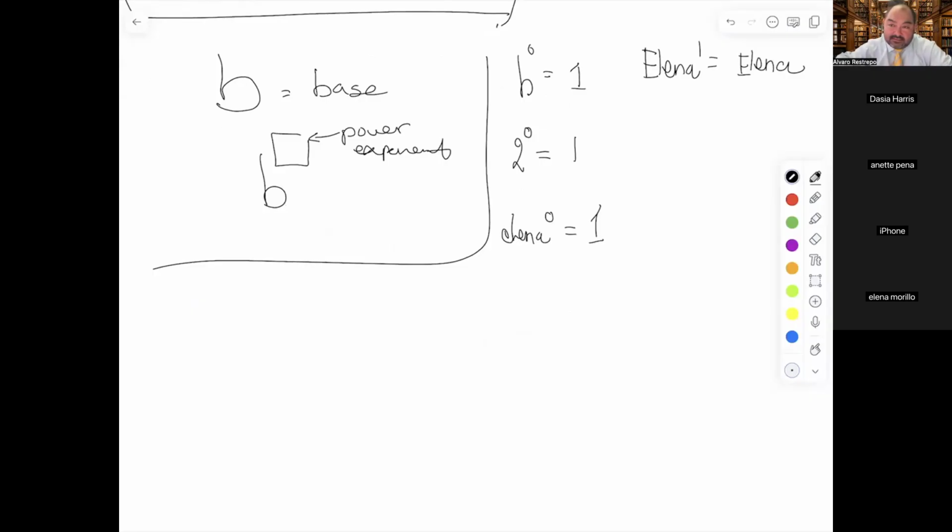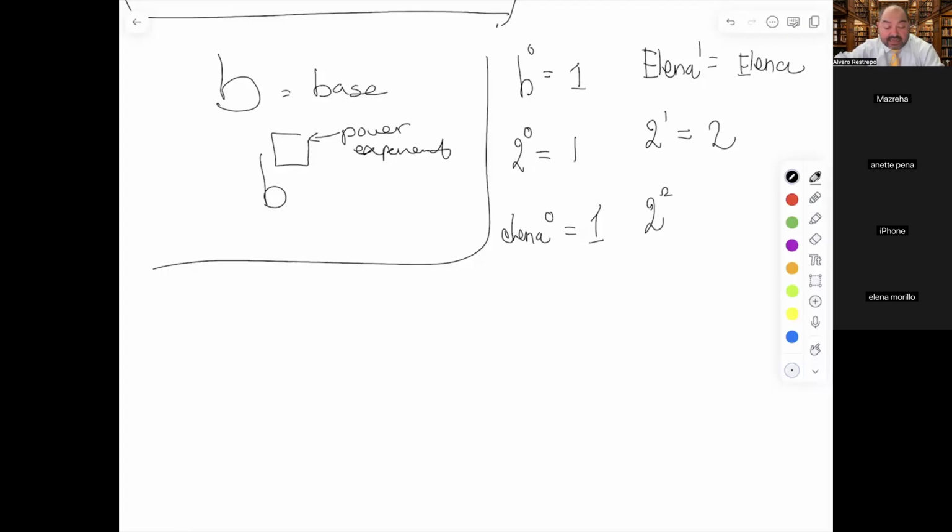Notice the difference. Anything to the 0 power is what? 1. That's right. Now, if I have 2 to the 1, well, that's going to give me 2.